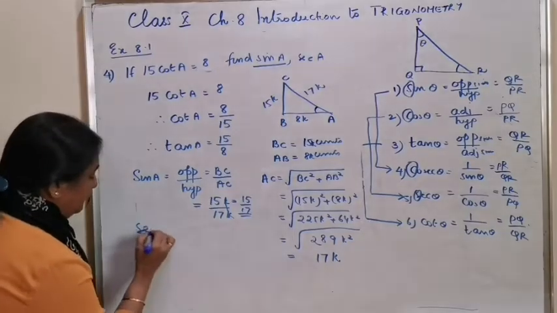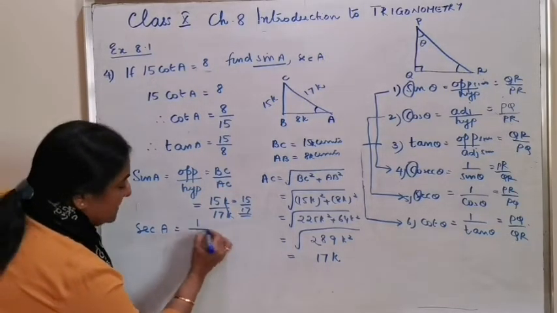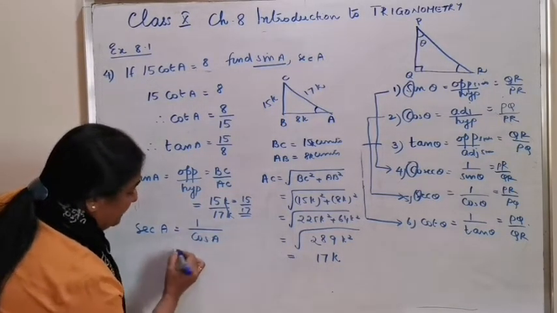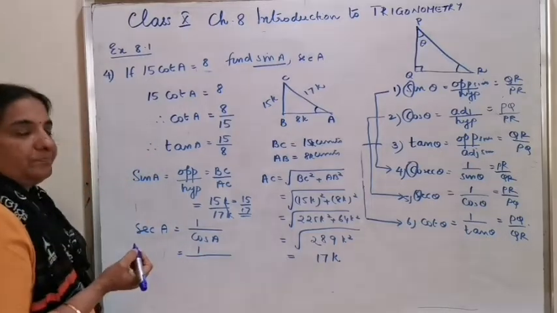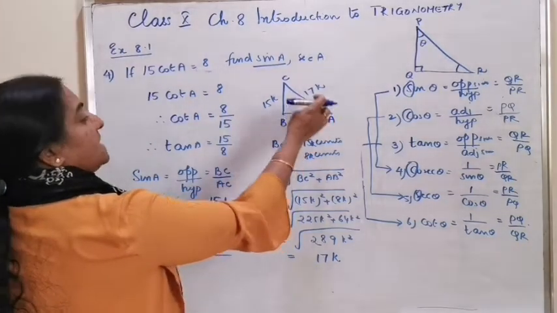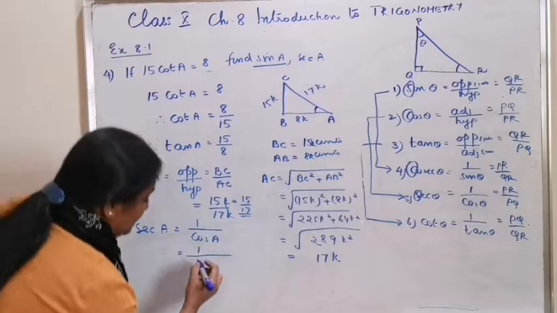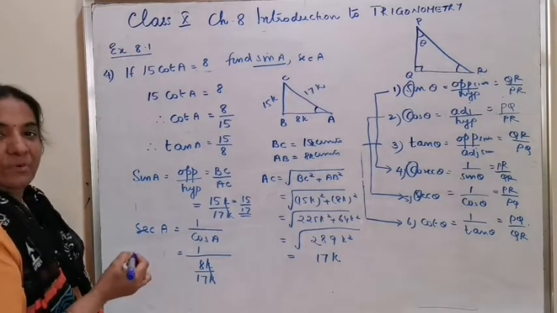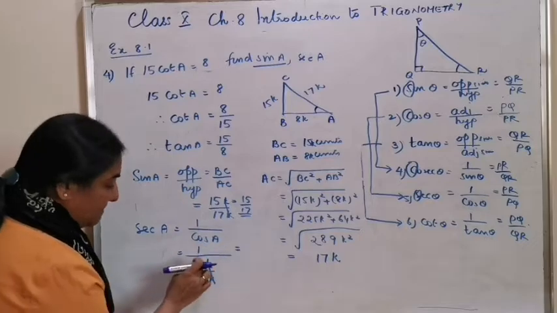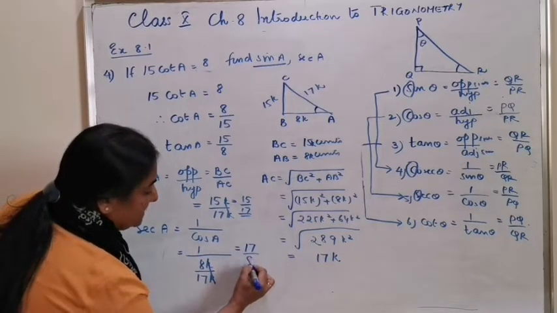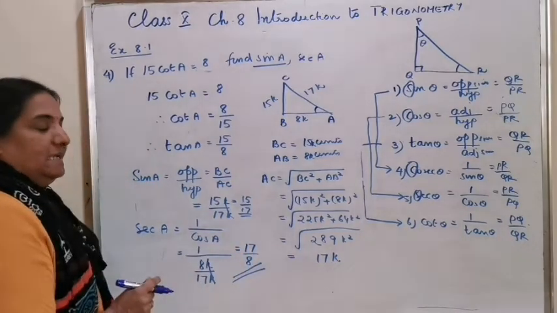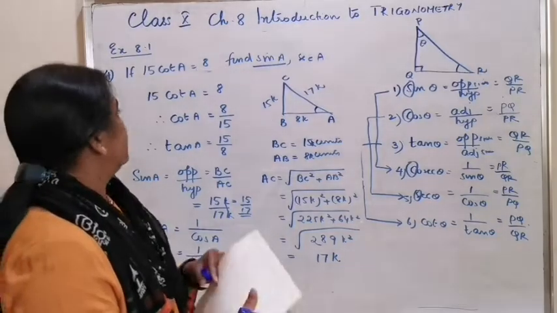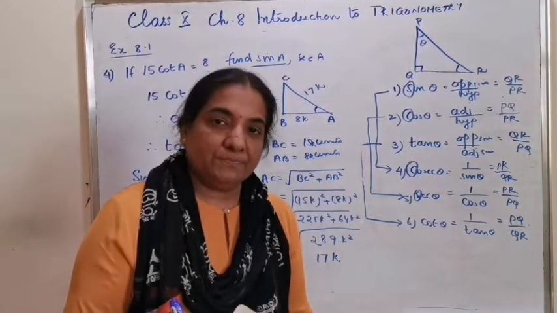Sec A. Sec A is the reciprocal of cos A, which is 1 by cos A. Cos is adjacent by hypotenuse, which is 8k by 17k, or what is 1 by 8 by 17 is 17 by 8. That is question number 4.